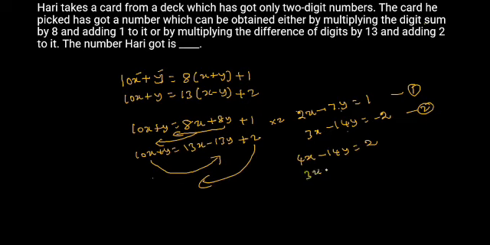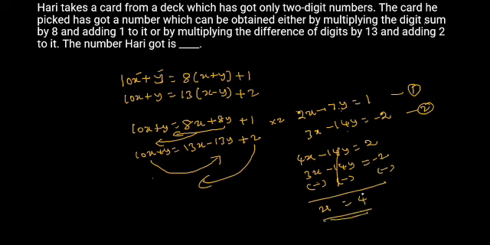The second equation is 3x minus 14y is equal to minus 2. Now subtracting, the 14y cancels, and 4x minus 3x, so x is equal to 4.